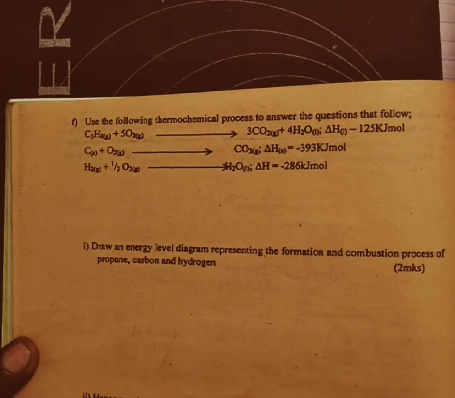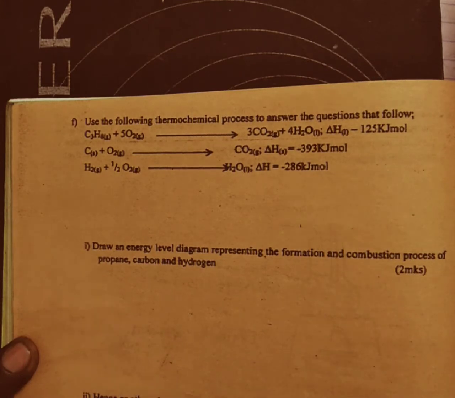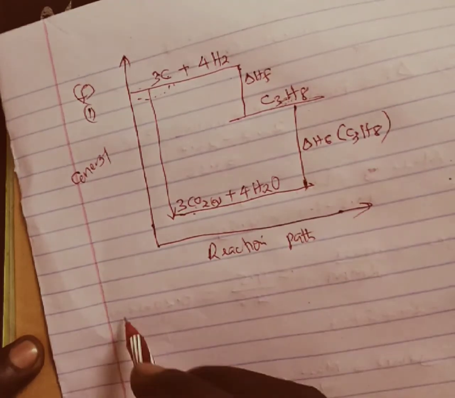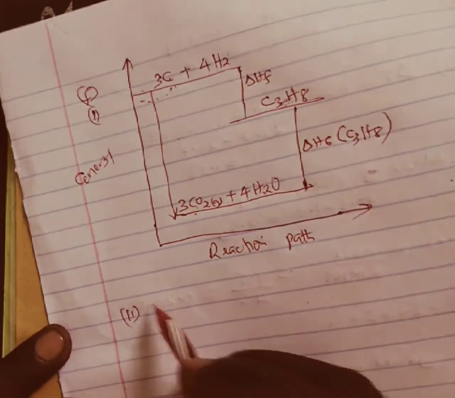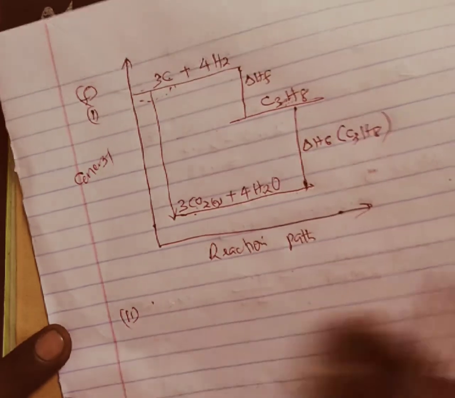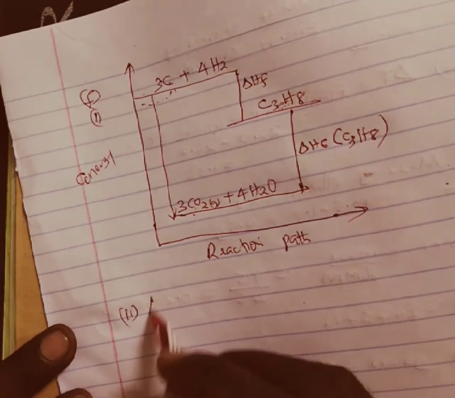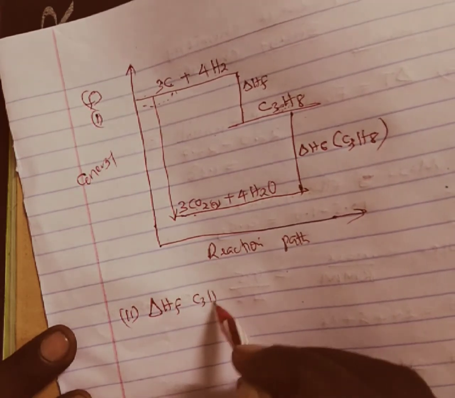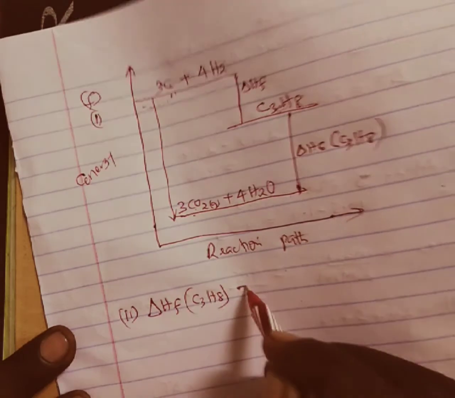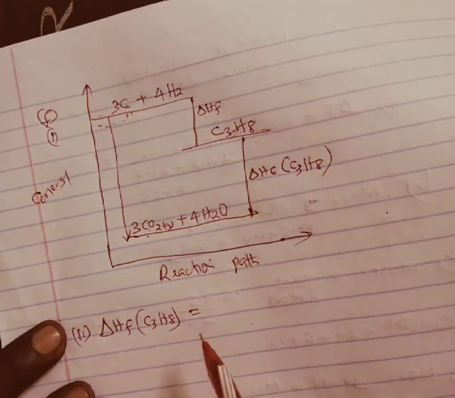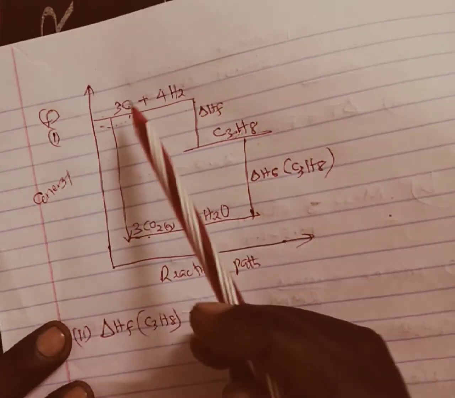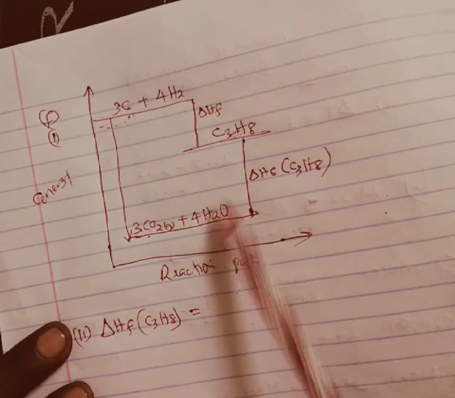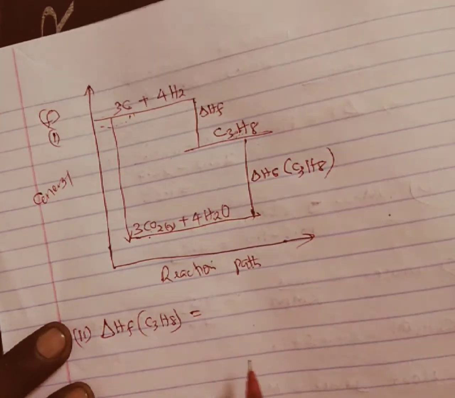The question again says, Roman 2, hence or otherwise determine the heat change of formation of propane. To determine the heat change of a substance, we know the heat change is always on the forward process. So the enthalpy heat change of formation of propane, C3H8, will be equal to the enthalpy heat change of combustion of carbon plus that of hydrogen, minus that of burning propane directly.